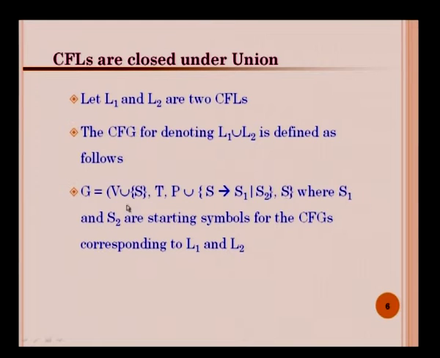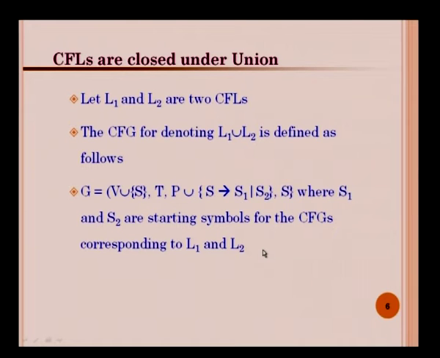So now we have all the four components. The variable set is V union S, the terminal set is the terminal set from the first grammar union the terminal set from the second grammar, and the production set is productions from the first grammar union productions from the second grammar union S derives S1 or S2, and the start symbol is the newly introduced variable called S. And you know that S1 is the start symbol for the first grammar and S2 is the start symbol for the second grammar, which are meant for the languages L1 and L2.